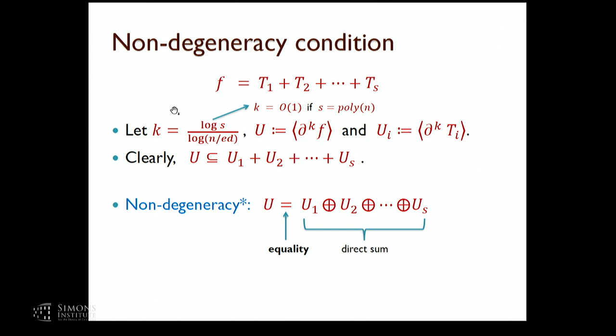So the direct sum part of the non-degeneracy condition is saying that all we want is the direct sum condition to hold up to some constant k. k = 0 is without loss of generality, but we want this up to some constant k. So the equality is the main source of non-degeneracy.